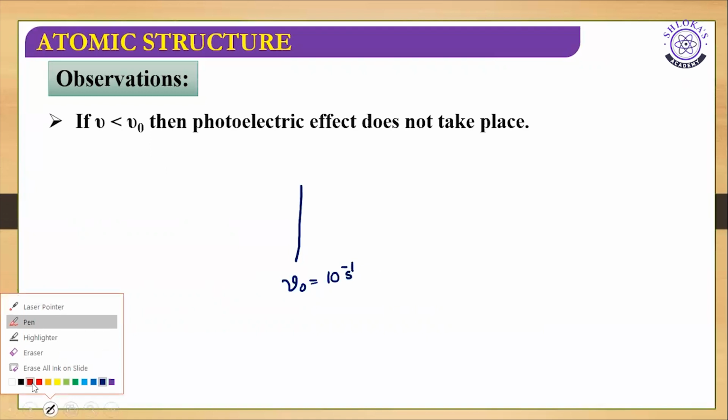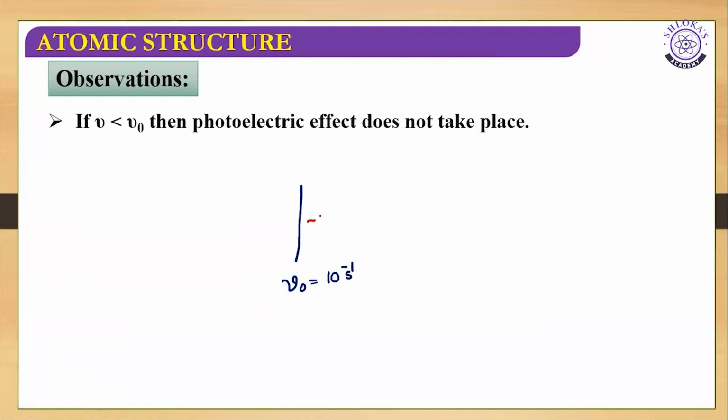The first case: here I am supplying a light ray of incident frequency nu I of 5 per second. Now tell me, what is the minimum frequency that would be required for this metal to cause the photoelectric effect? Minimum 10 hertz or 10 per second.